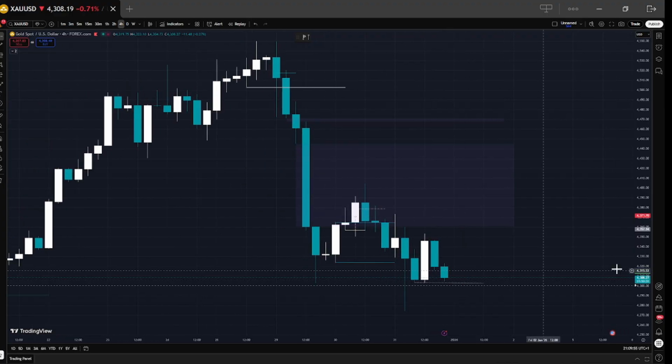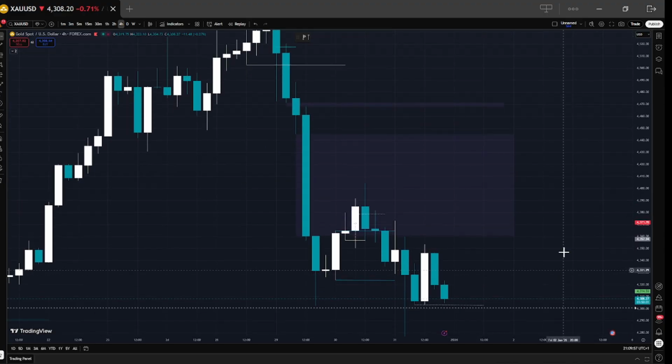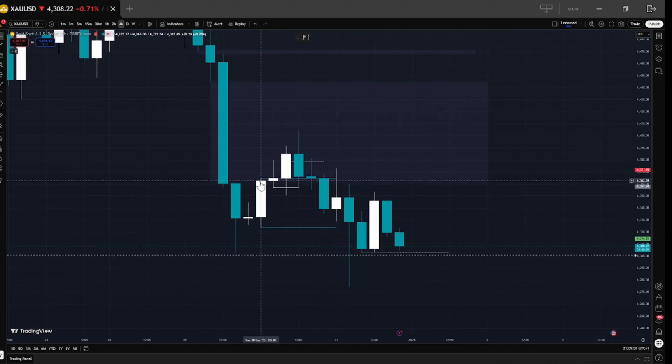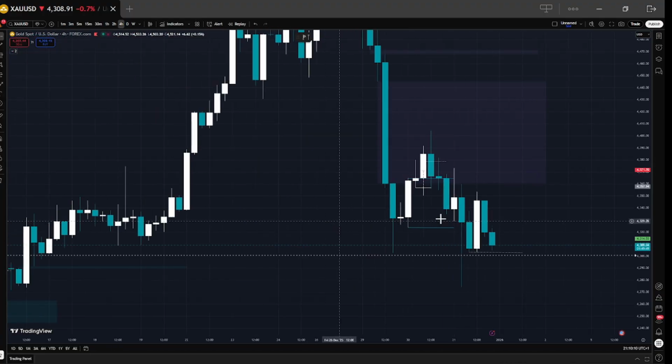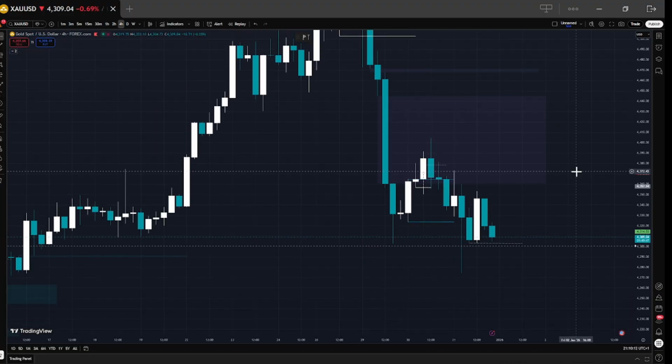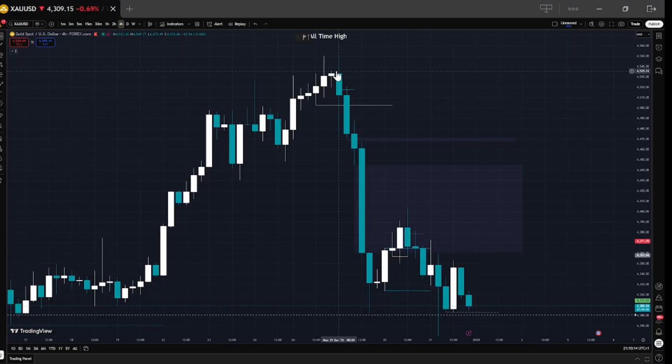So this is what happened. On this particular day, 30th December, coming to the market, this particular candle here had been formed. Already, based on what we've been getting so far, we have a very huge displacement all the way from the all-time high down to that particular point here.